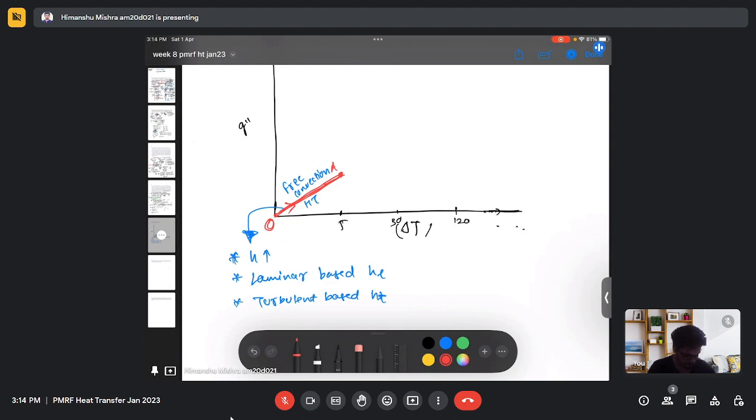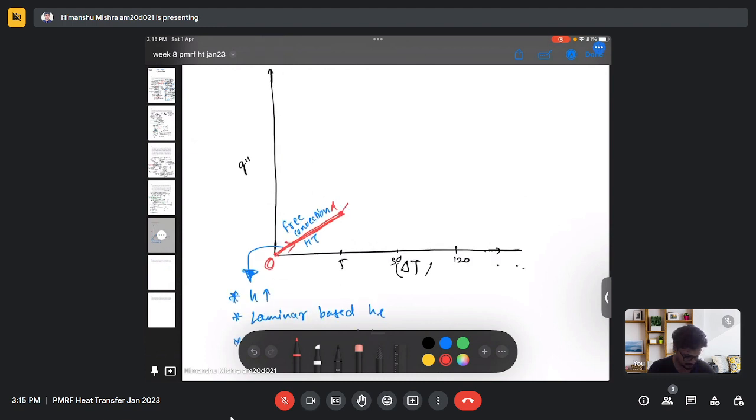After point A, nucleate boiling starts, which means that the surface temperature is more than the saturation temperature, and here there is a sharp increment in the heat flux as well as the heat transfer coefficient. Let's say this is my point B. Here a lot of bubbles start appearing in the system, and these bubbles translate to the upper side.